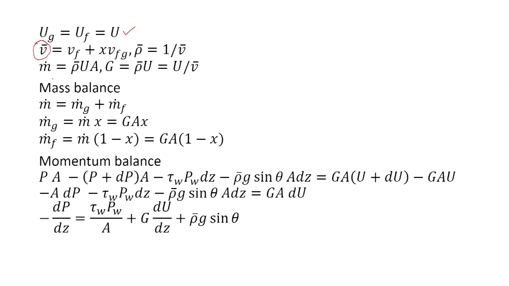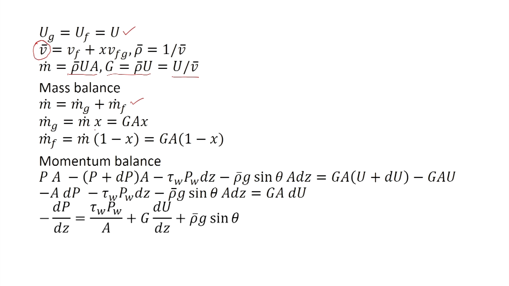The mass flow rate m dot is equal to rho u A, and the mass flux, which is mass flow rate per unit area, will be equal to rho bar u and also equal to u upon v bar. Now, the mass balance. The total mass flow rate will be equal to the sum of the gas mass flow rate and the liquid mass flow rate.